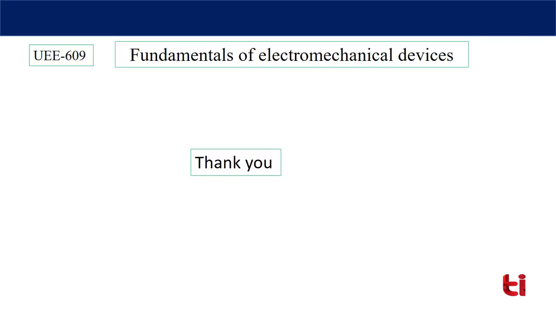And these three ways to obtain induced EMF will be the basics of the transformer, motor, generator and induction machine. So based on these basics, we will explain in later classes the working of motor, generator and transformers.